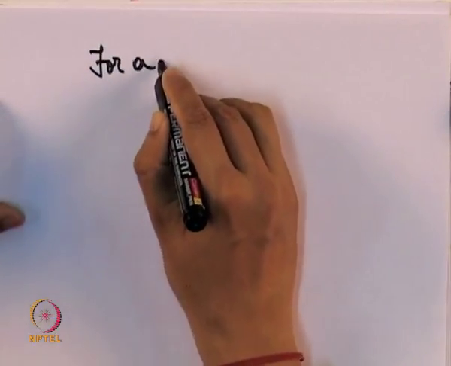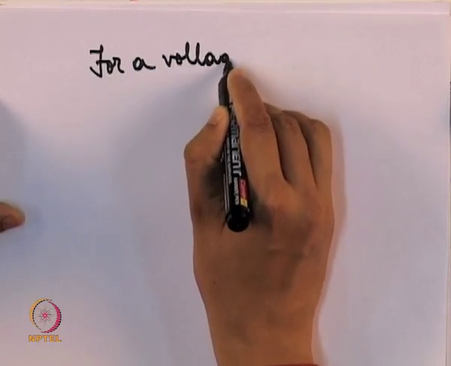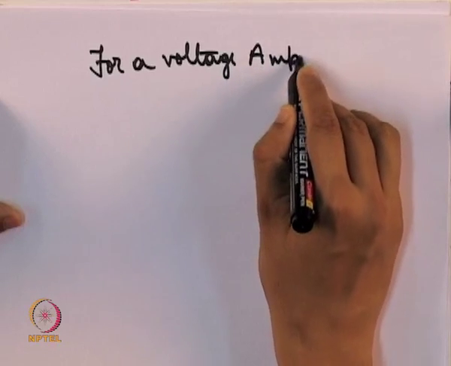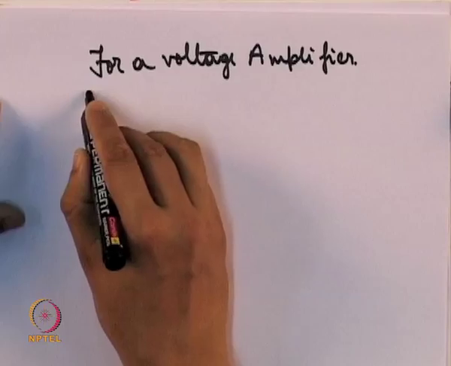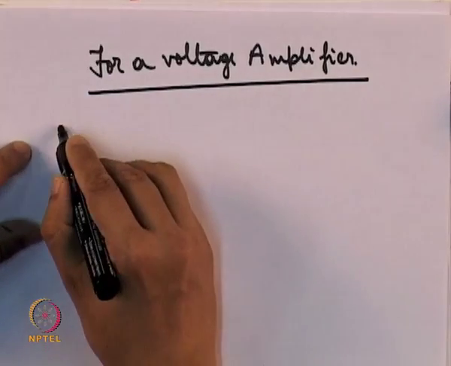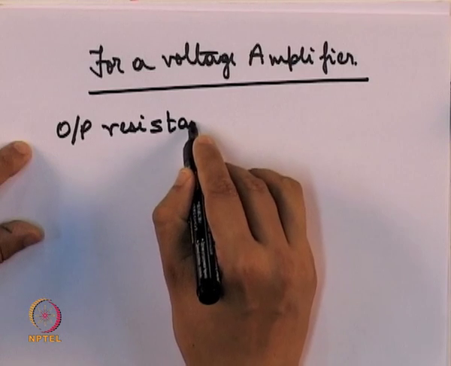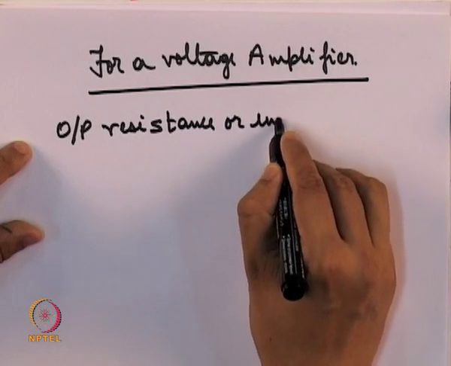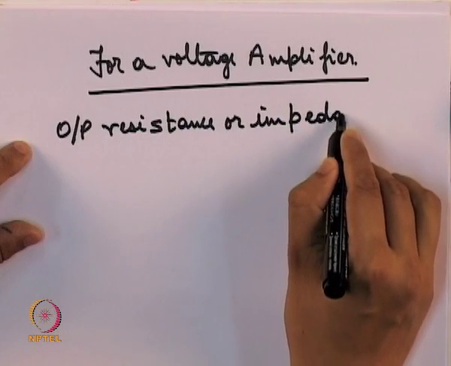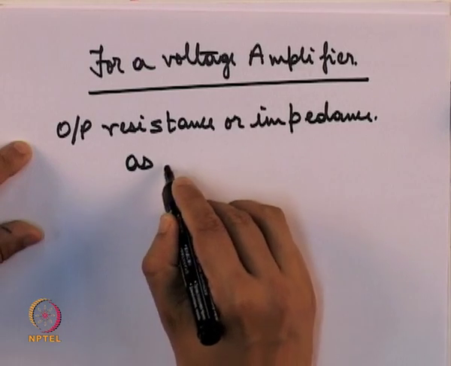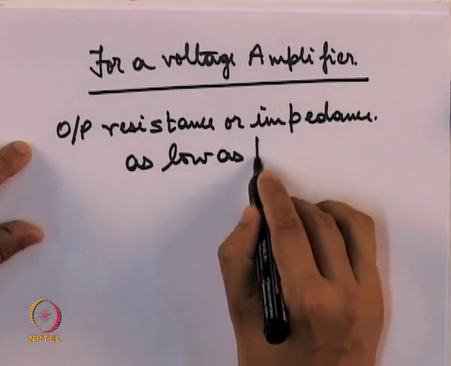So, for a voltage amplifier, as you know, we want the output resistance or impedance as low as possible.